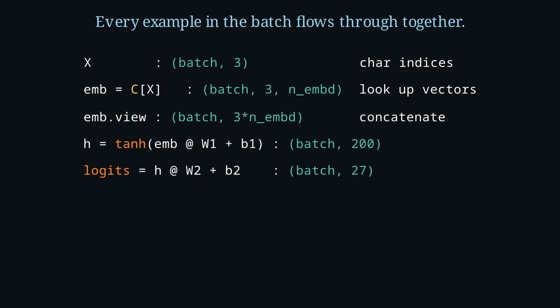We flatten the 3 vectors into one long row per example. That goes through the first layer and tanh, giving the hidden activations, batch by 200, and the second layer produces the logits, batch by 27, 1 score per possible next character. The whole batch flows through at once, in parallel.